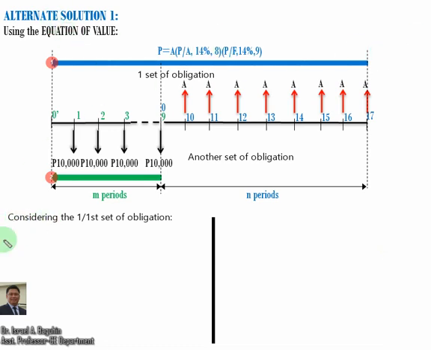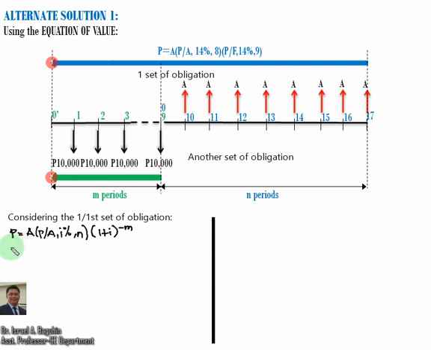Since we are calculating the value of our P, we will use the formula P is equal to A times (P given A, i%, N period), and then we multiply this with (1 plus i) raised to the negative M.